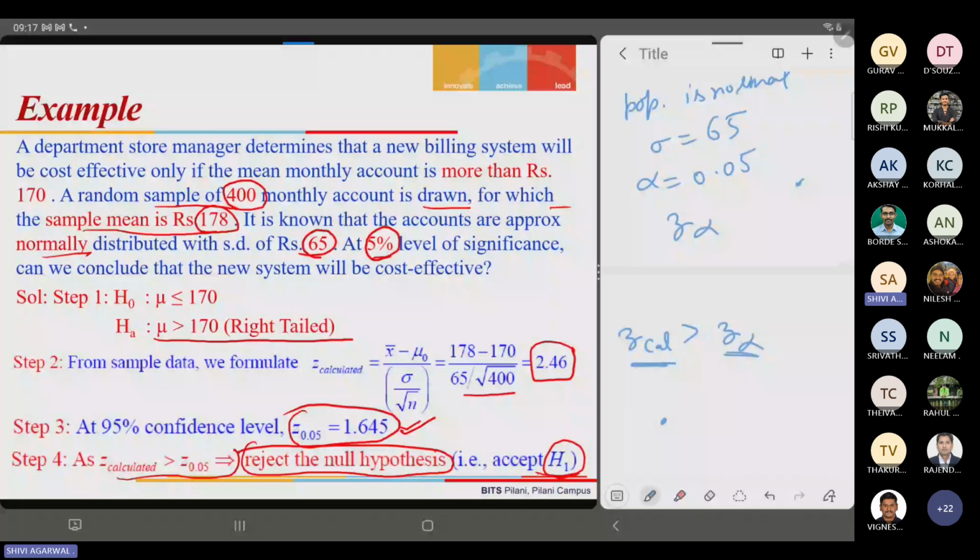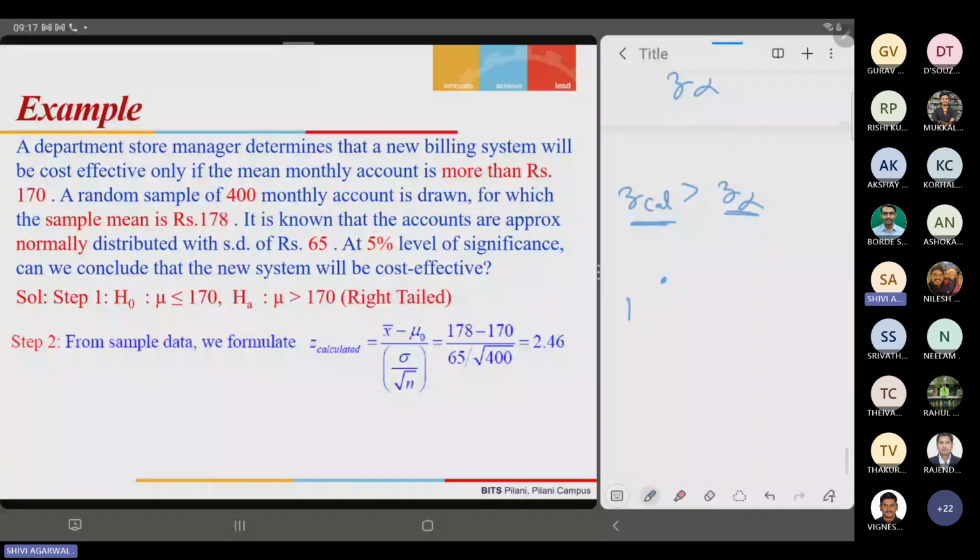Same question we can do by the p-value. So, what do we have to find out? The p-value: probability of Z greater than 2.46. In the last so many classes we have done how to calculate this Z of 0.05. In the last question also I asked how we can calculate Z of 0.01.